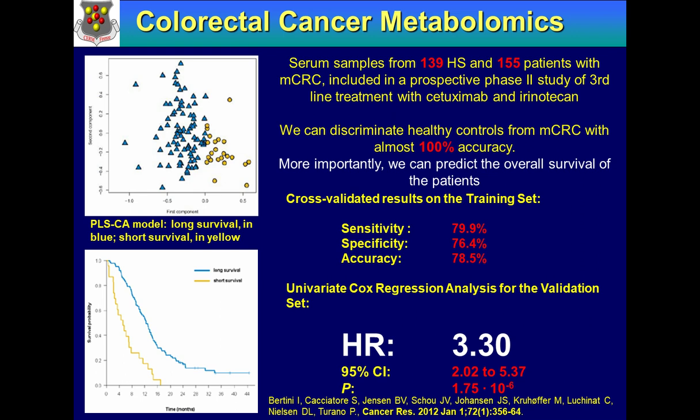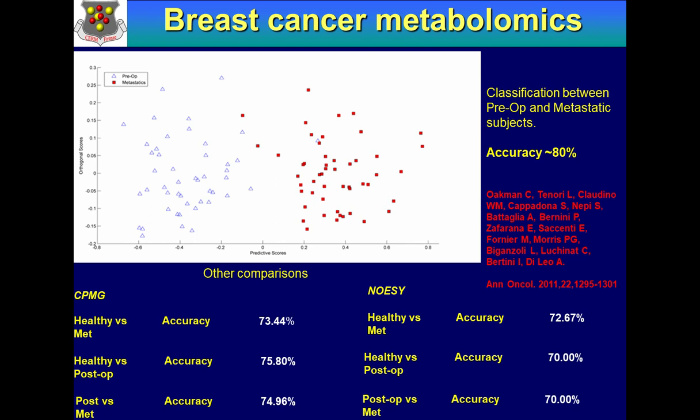And you see that you can tell short survival people from long survival people with a hazard ratio of 3.3, which is remarkable because there is no other indicator here that is as accurate or as strong as what we are seeing by metabolomics. So in the end, this could help planning palliative care and improve the quality of life of these people, even if the disease could not be healed.